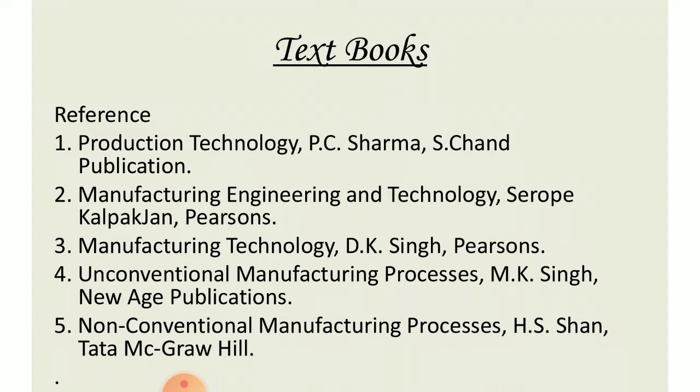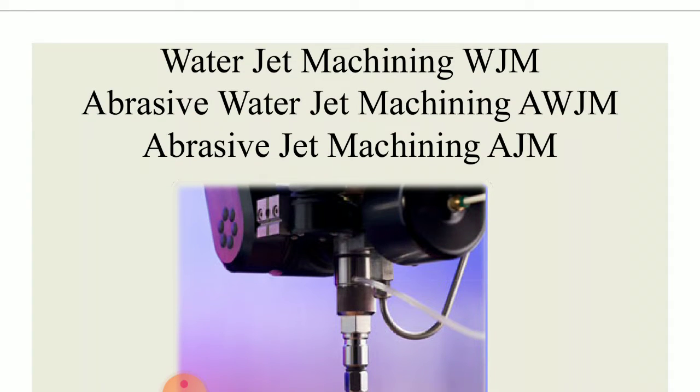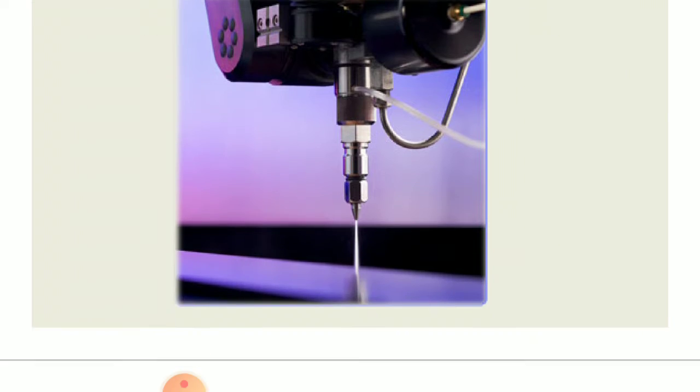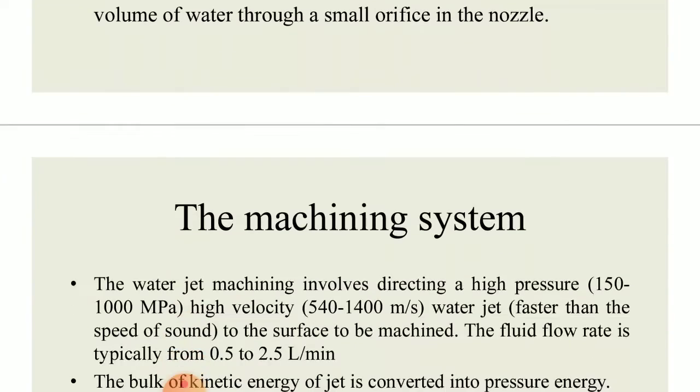Then we were discussing the water jet machining process and other associated processes, meaning machining processes having a working principle similar to that of water jet machining, and those machining processes are abrasive water jet machining and simply abrasive jet machining. In the previous lecture we have seen its introduction, parameters, and system.